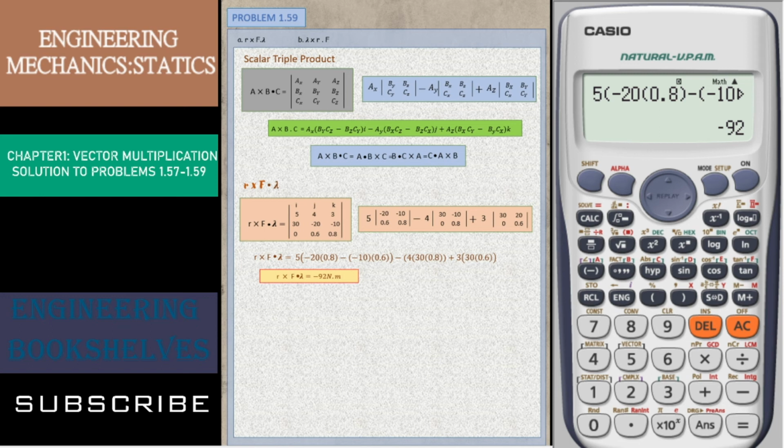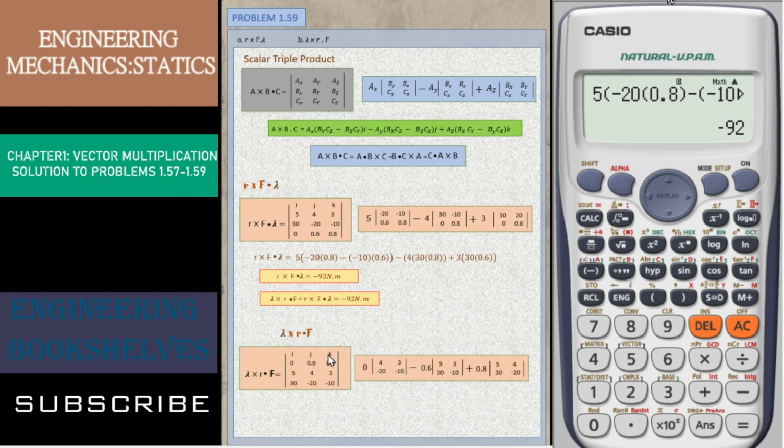For the unit vector dot R times F, looking at this formula, our unit vector dot R cross F is also equivalent to negative 92. But still, I will show you how to solve that one. For the unit vector 0, 0.6, and 0.8, for R it is 5, 4, 3, and for F it is 30, negative 20, negative 10.